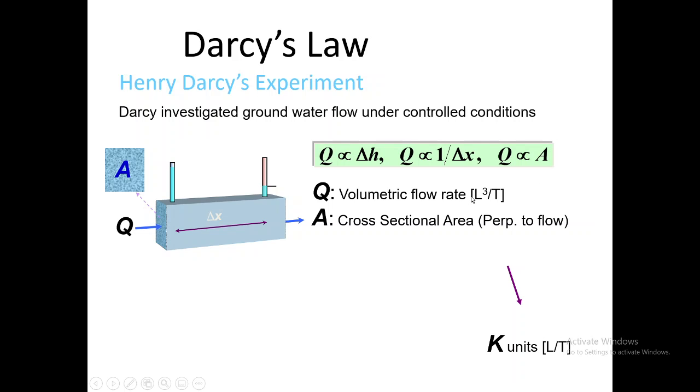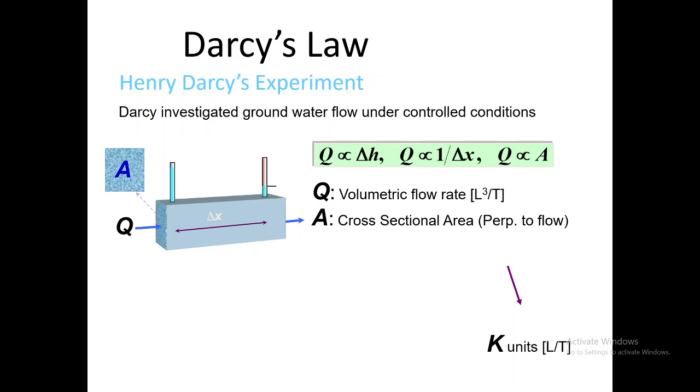So Q is the volumetric flow rate, A is the cross-sectional area, and we explain Darcy's law in terms of these parameters.